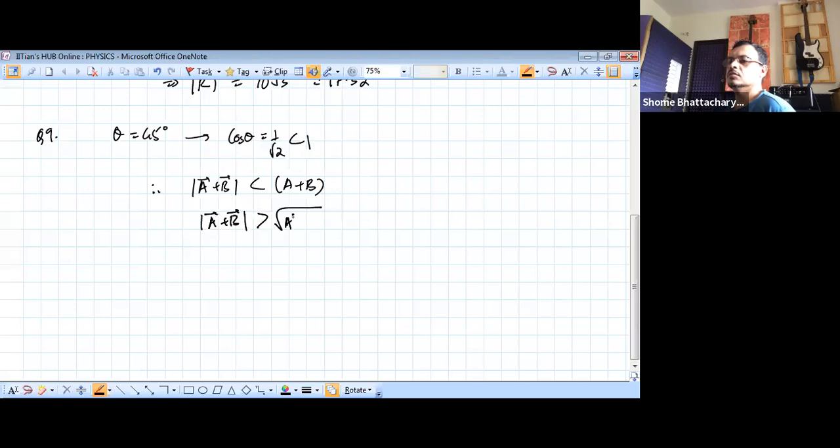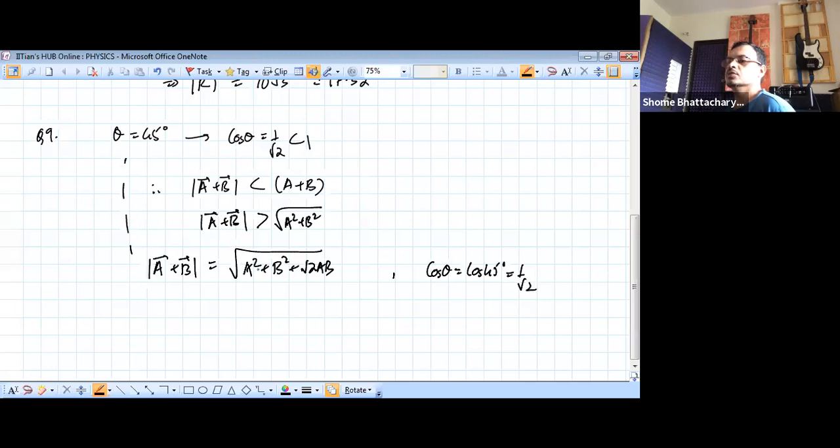It will be more than that, because you can see that here the magnitude of a plus b will become root of a square plus b square plus root 2 times ab, because cos theta was equal to cos 45, which is 1 by root 2. So now you can compare this.